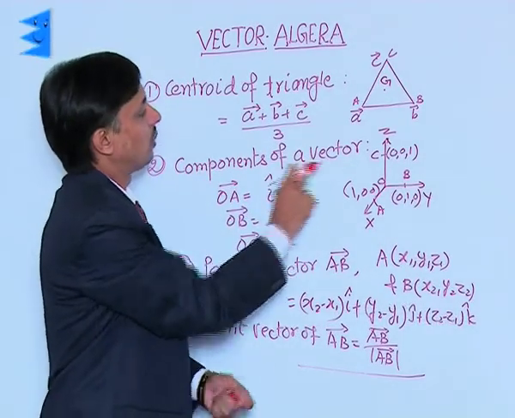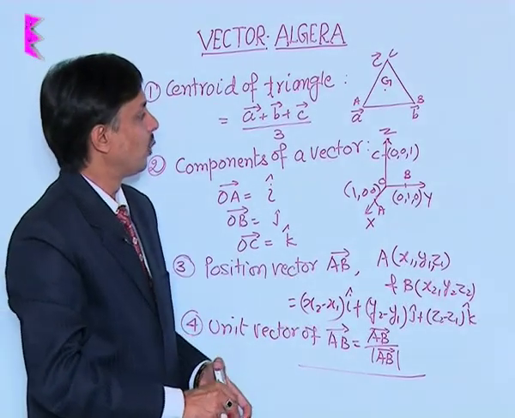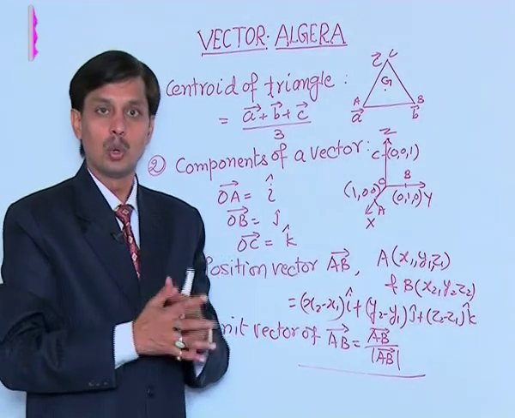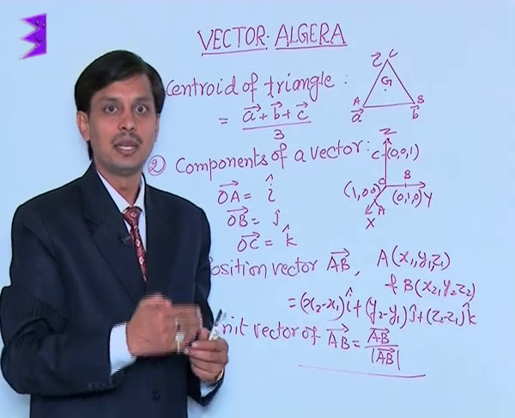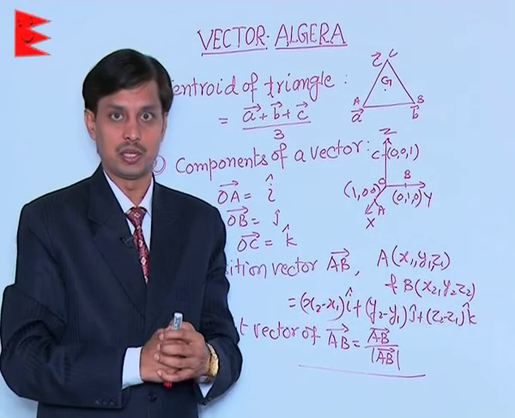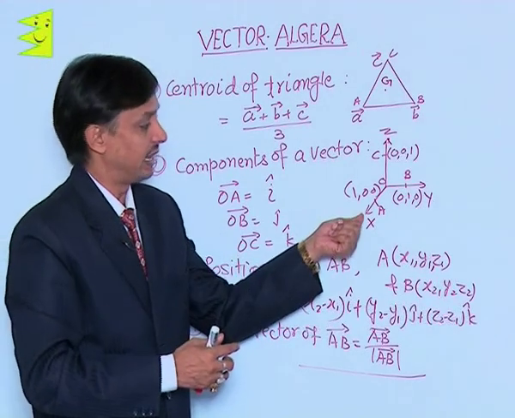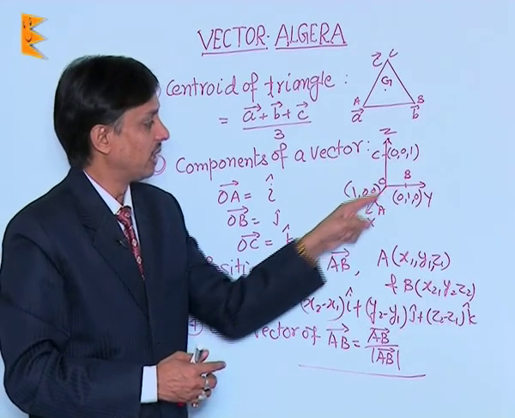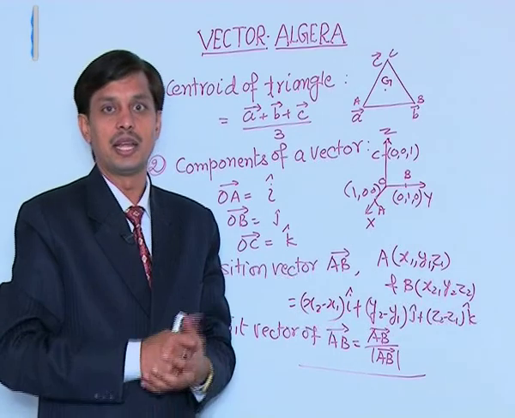Then components of a vector in a three-dimensional system. What are the components of a vector? Like in a room, at any corner, there is a length, another is the breadth, and next is the height. These three dimensions are perpendicular to each other. One of them, suppose length, you may assume as the x-axis. This is the corner of the room. This line, length, is the x-axis, breadth is taken as the y-axis and height is taken as the z-axis.